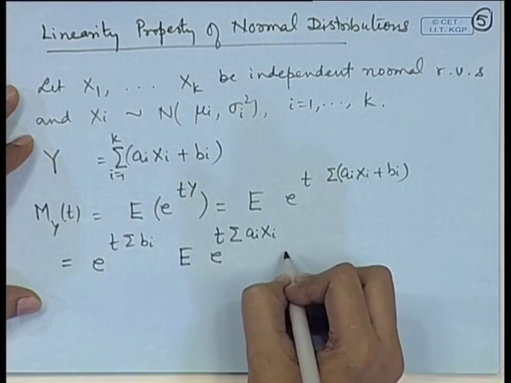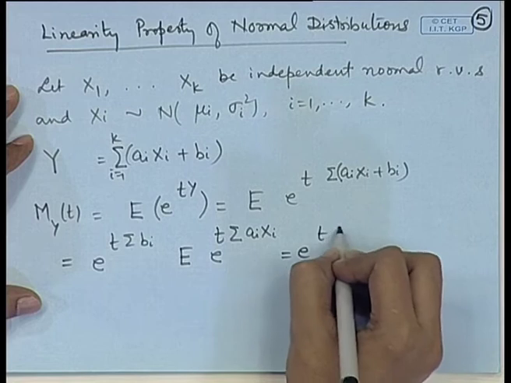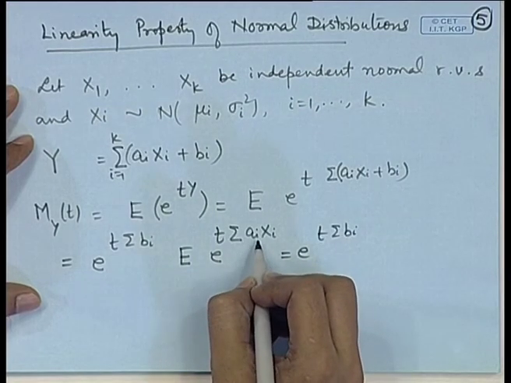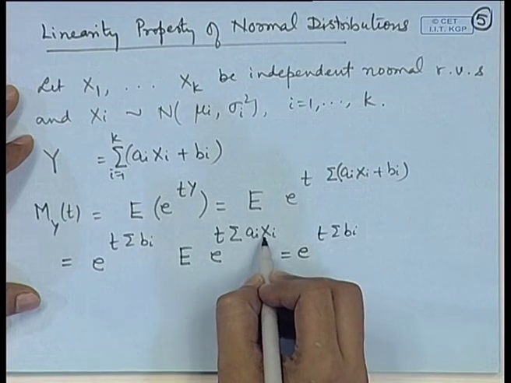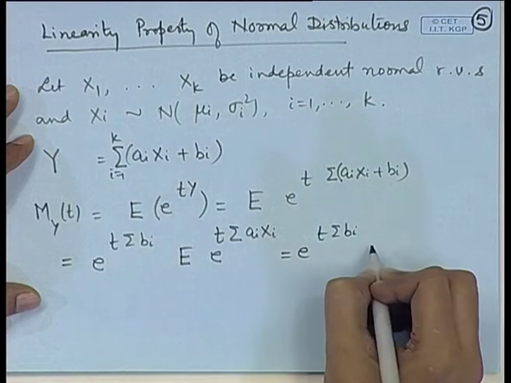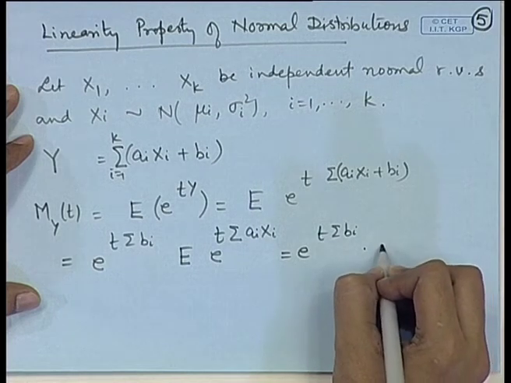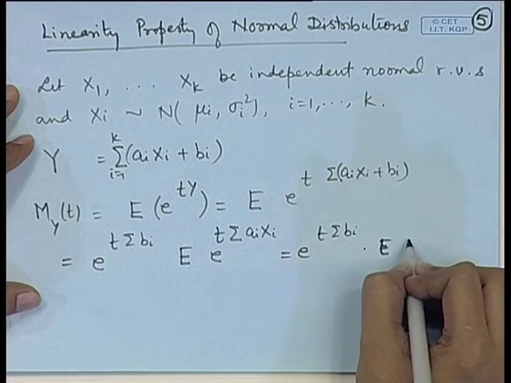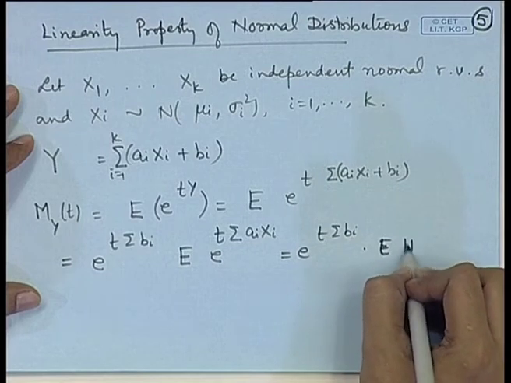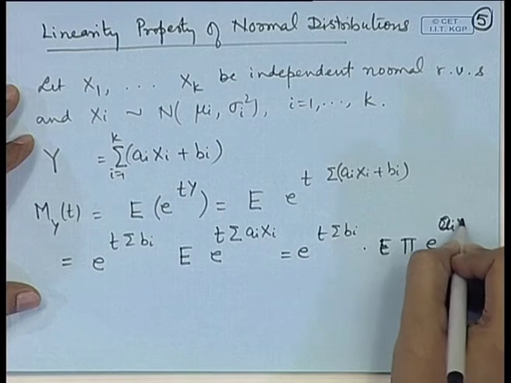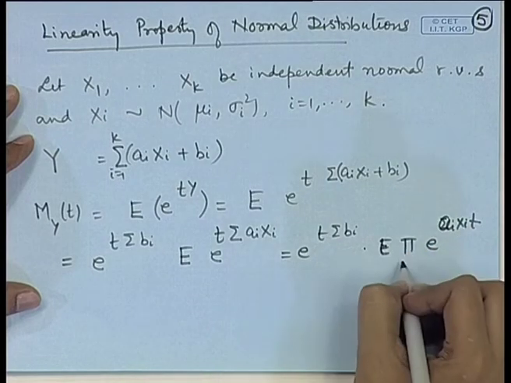Now, this we can express as e to the power t b, and this term we can split. We can consider it as expectation of the product of e to the power ai Xi t.